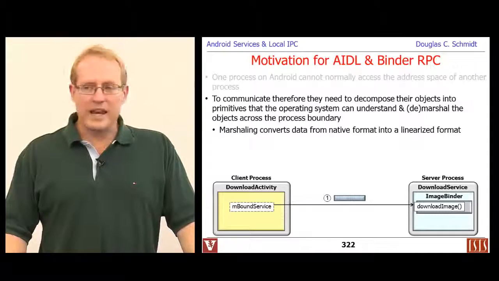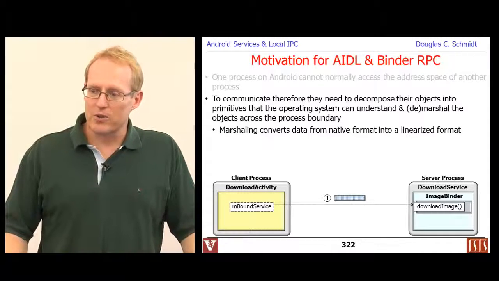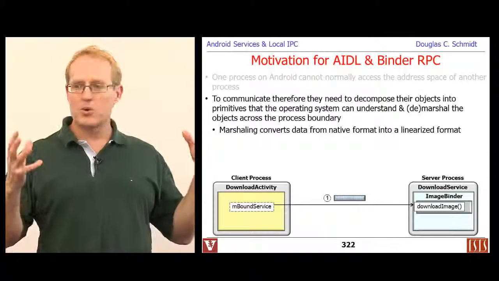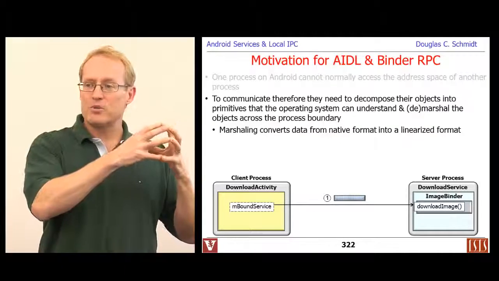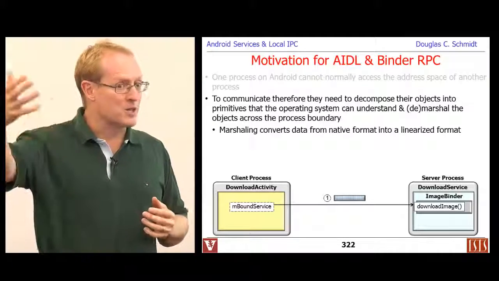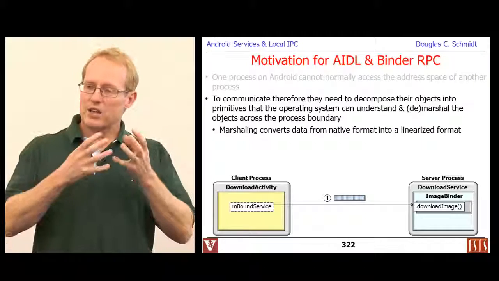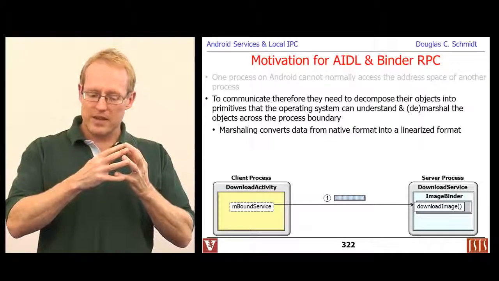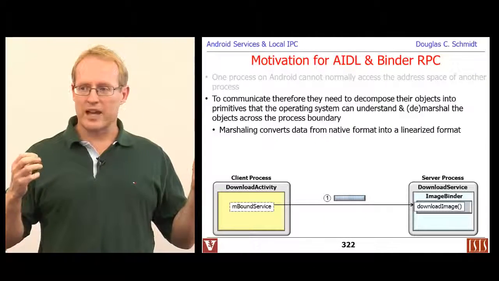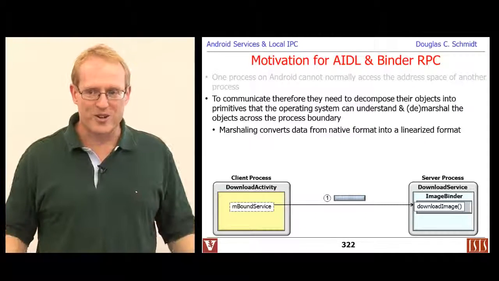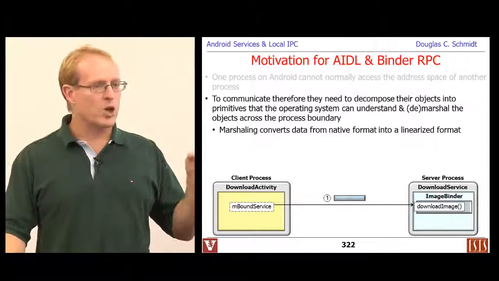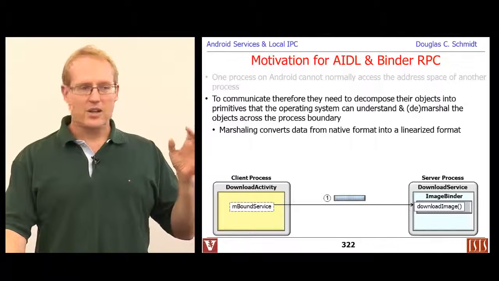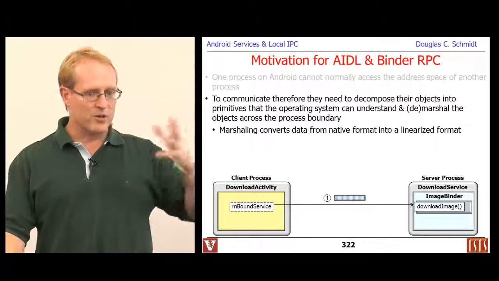So when you want to communicate between processes, you have to go a little further. You have to figure out a way to decompose the contents of your objects, which themselves might be references to other objects, by the way, into primitives that the operating system can understand, because it's Linux under the hood after all. And then you want to be able to marshal and demarshal these objects across the process boundary.